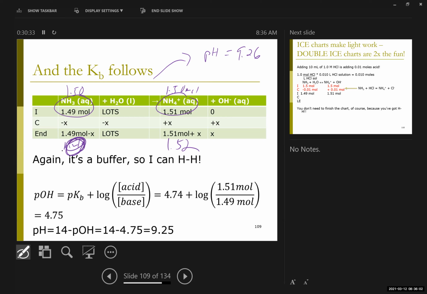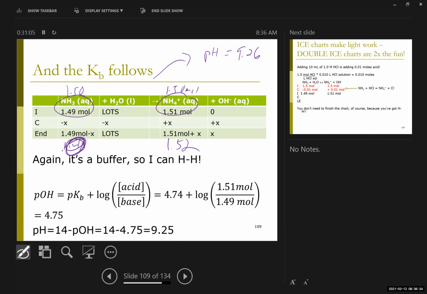So any buffer can eventually be undone if you add enough acid or enough base to the mixture. But what makes the buffer a buffer is it's harder to change the pH than it would be if it wasn't buffered in the first place. And so we will look at that in mere minutes.